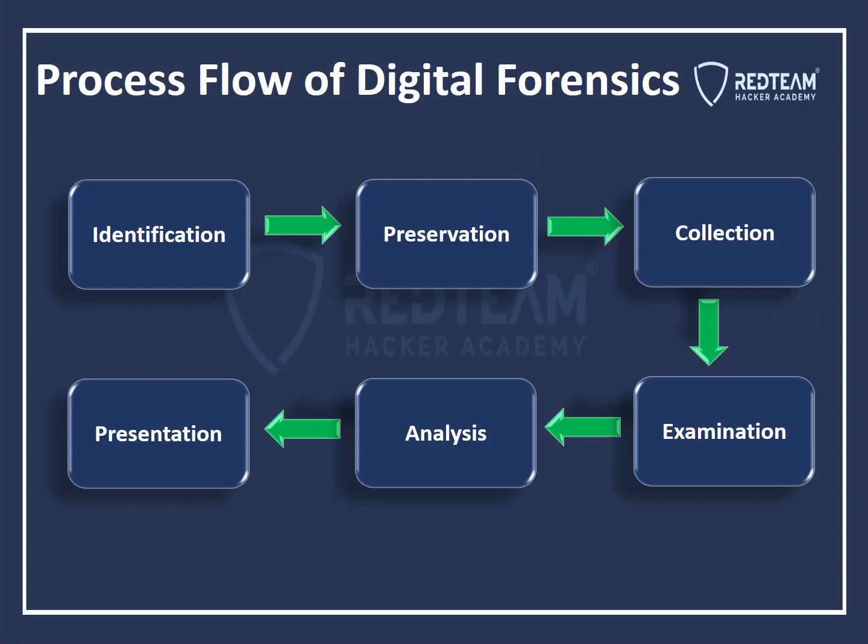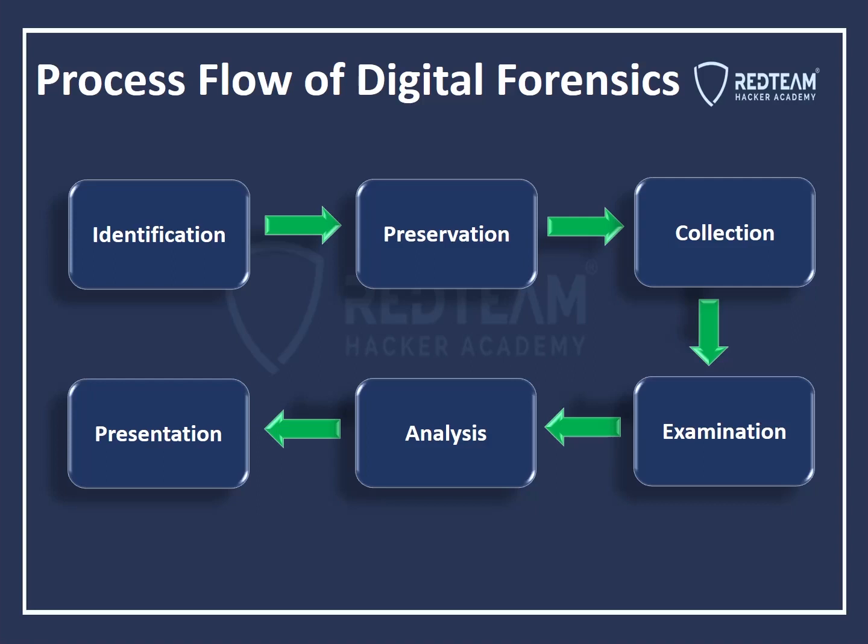Let's discuss the process flow of digital forensics. I have discussed the 5 main phases, but this is the process flow. First is identification: you identify the computer resource that is compromised, or against which some crime has happened. Then your main goal is to preserve it: no one should tamper with that evidence or data, so integrity should be maintained at all times.